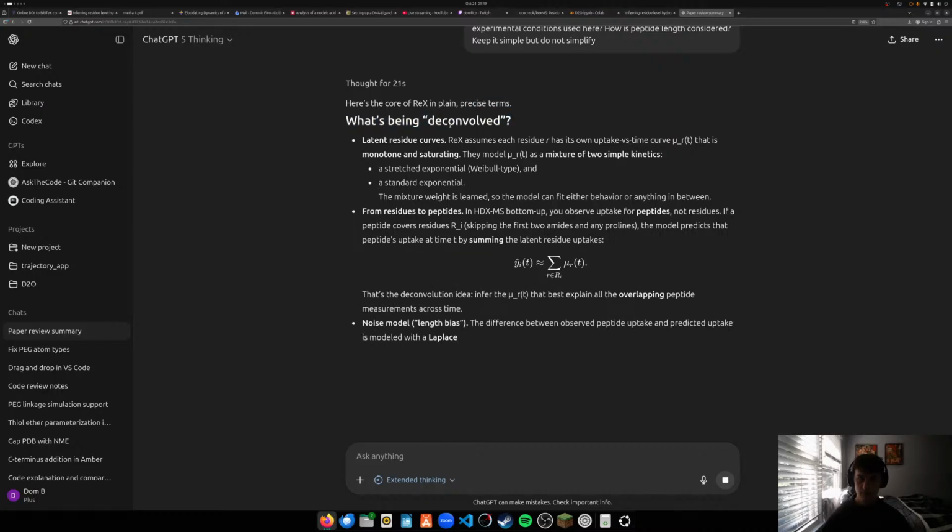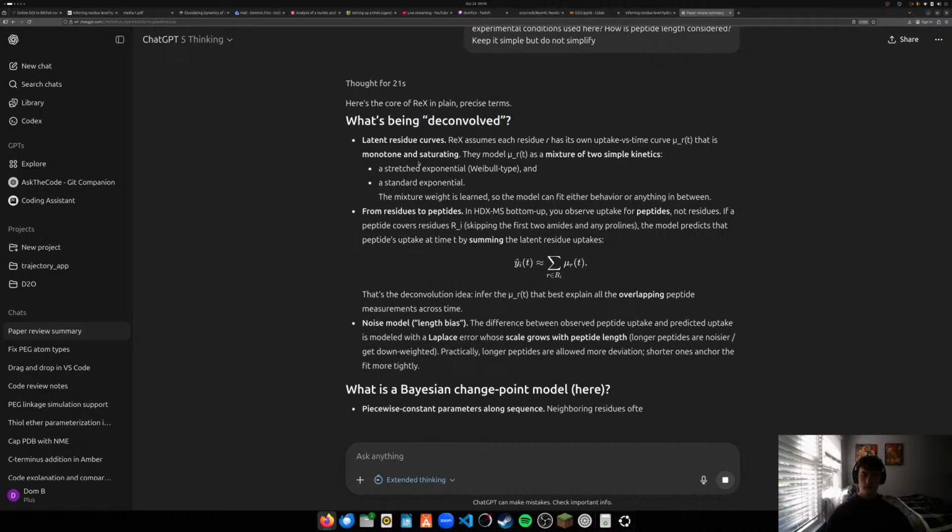Precise terms. What's being deconvolved? Latent residue curves. REX assumes each residue has its own uptake-versus-time-point curve that is monotone and saturating.